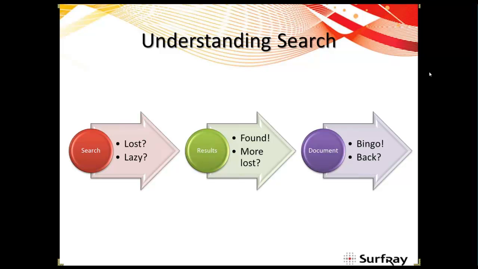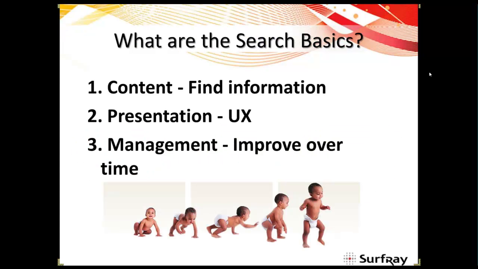And these are really the baby steps to getting search working. So first of all, content. We need to make the right content visible. That seems pretty obvious, but people have a lot of information in their organization, and it is growing exponentially. So people have a lot of options of information that they want to put in the search engine or into SharePoint.